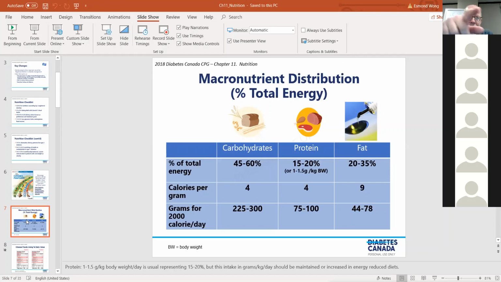Yeah, omega-3 from fish. Omega-6 comes more from canola and other vegetable sources of fat, omega-3 more so from fish.